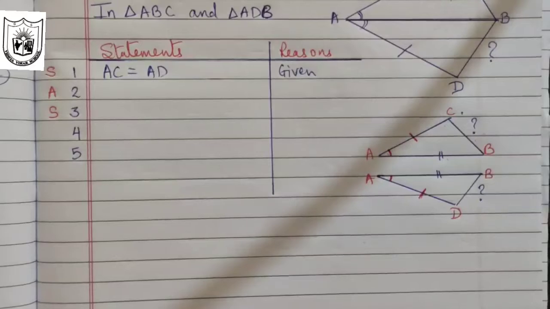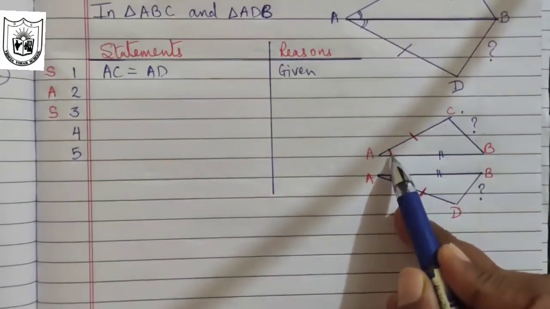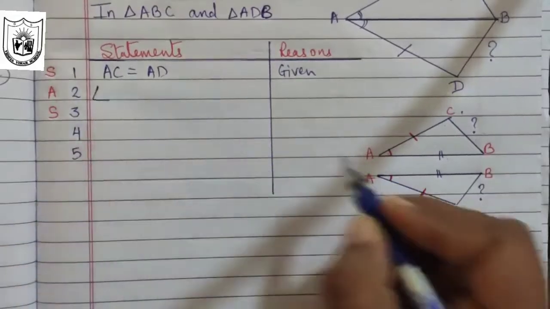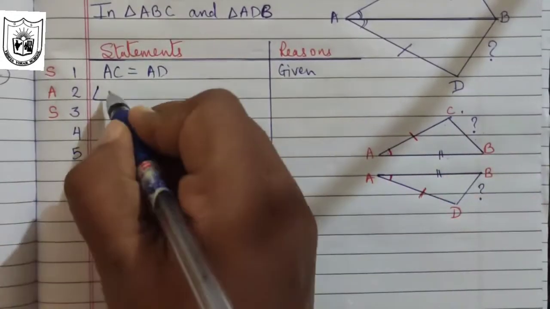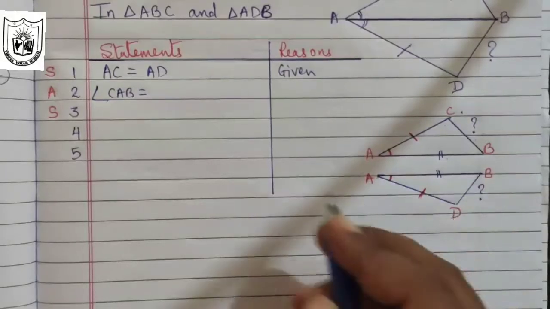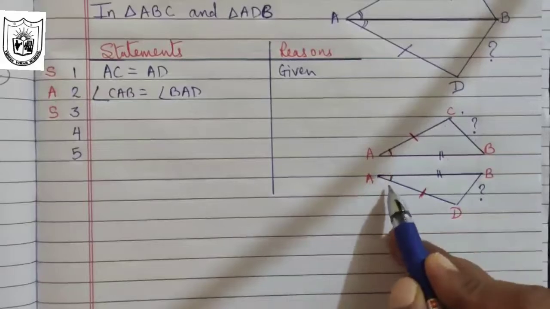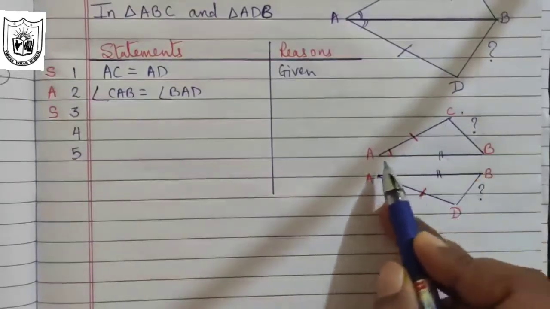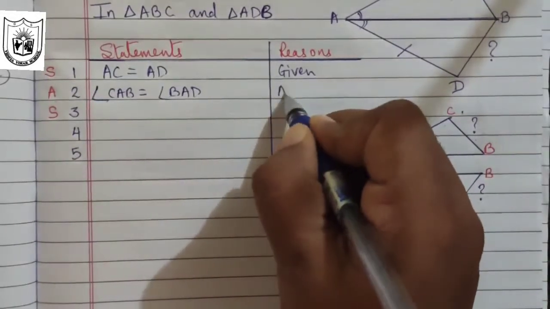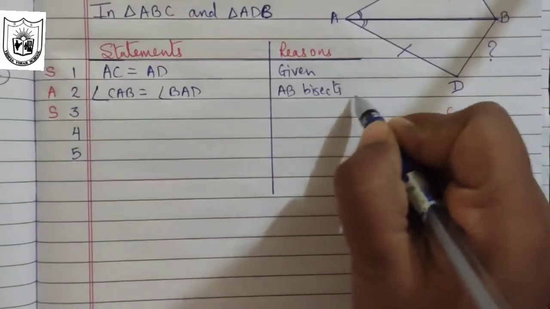Reason will be given. Next we have angle. So how will you write this angle? Angle CAB will be equal to angle BAD. Reason here will be, both these angles are equal because this line segment AB is bisecting. So you can say AB bisects angle A.